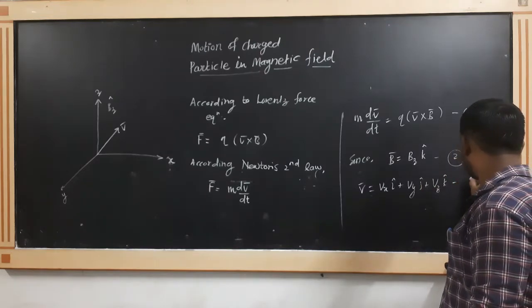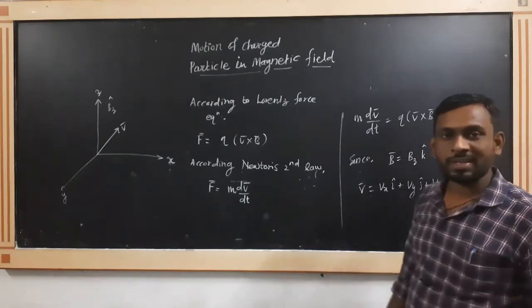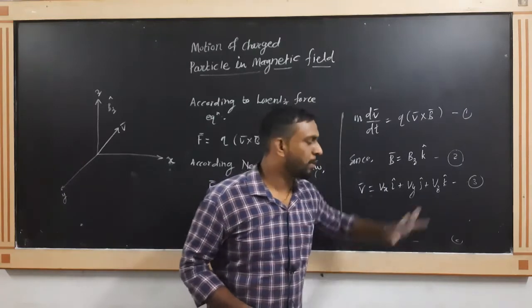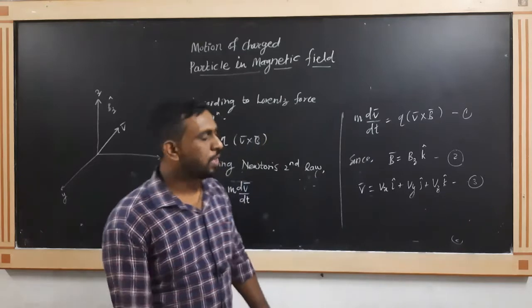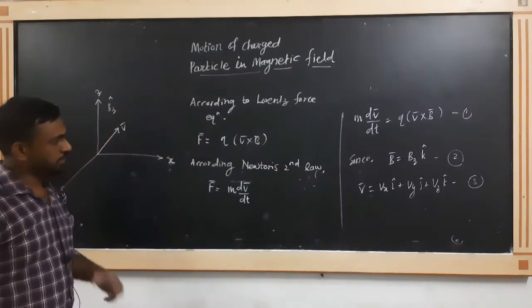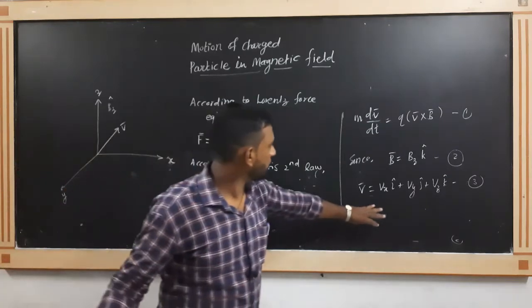This is equation number 3. Here Vx, Vy, Vz are the components of velocity along the x-axis, y-axis, and z-axis, and i, j, k are the unit vectors along the x, y and z directions. Okay, so up to here it is fine.